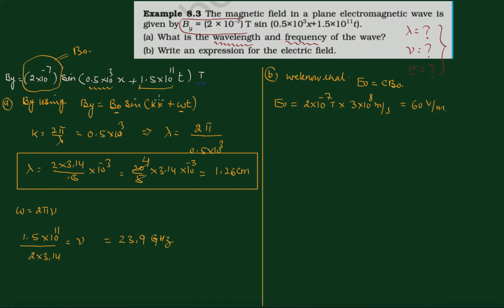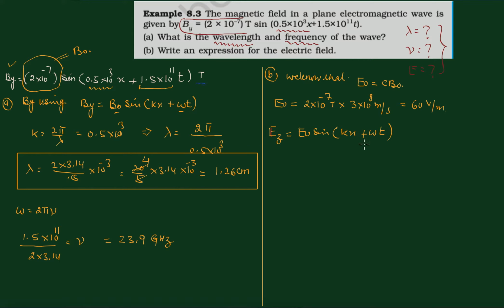As you know, this magnetic field is along the y direction, and the electromagnetic wave is propagating along the x direction. So what does this mean? This means that the electric field is along the z direction. So I can write directly from here: the electric field will point in the z direction, and both are in phase. So this part remains fixed, E0, and it is E0 sin of kx plus omega t.